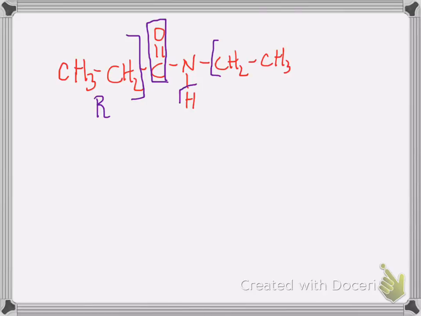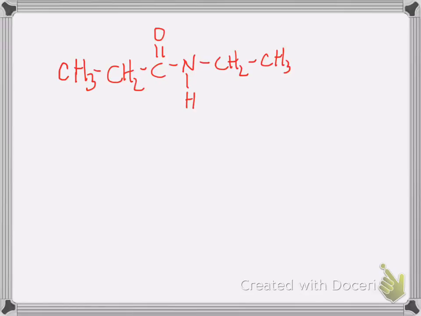This group here and this group here. And so this has a general structure of R attached to a carbonyl, attached to a nitrogen, which is attached to two other things. That's the general structure of an amide. So I know I'm going to have to name this as an amide. I'm going to erase all these little marks to get back to our original molecule.